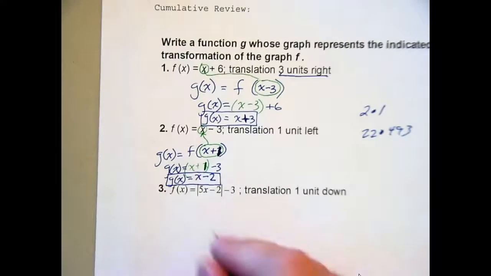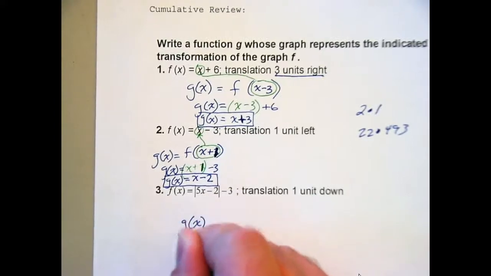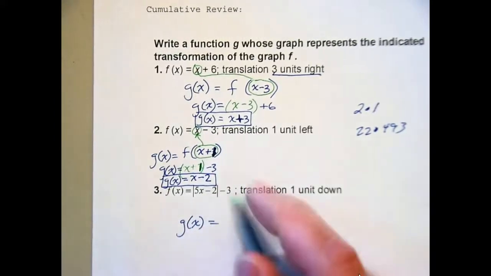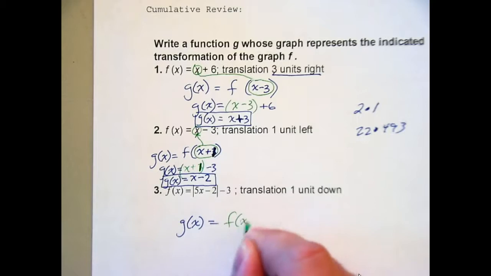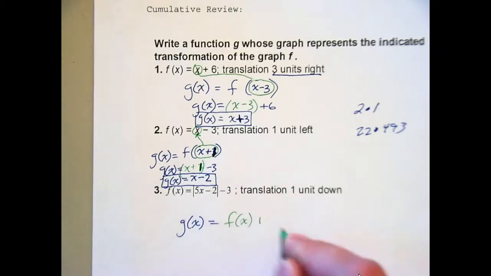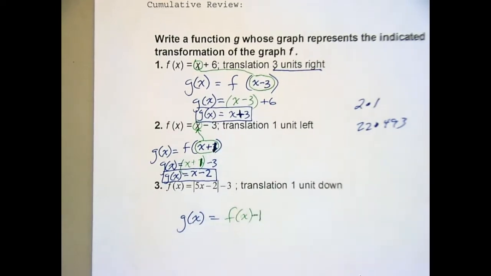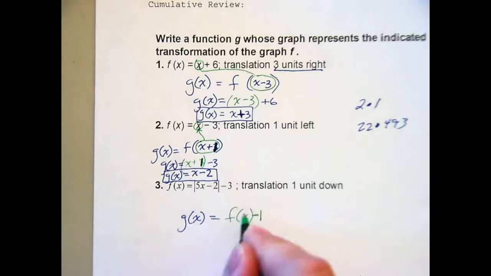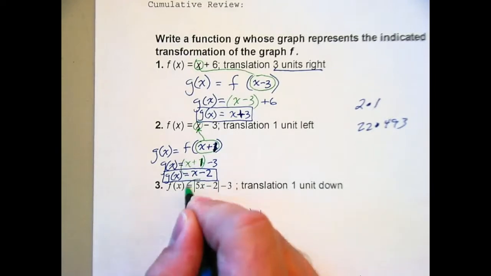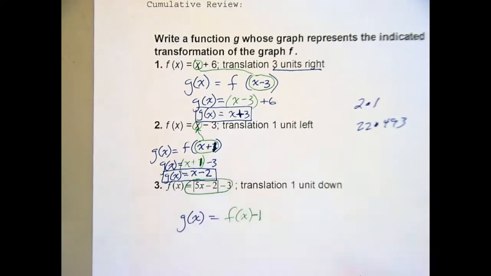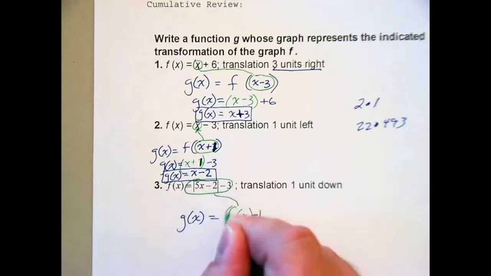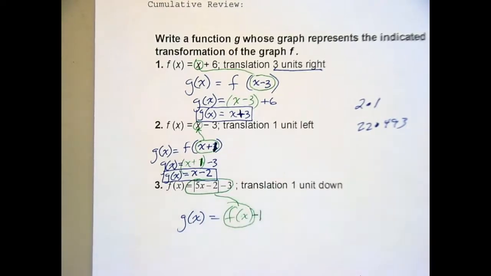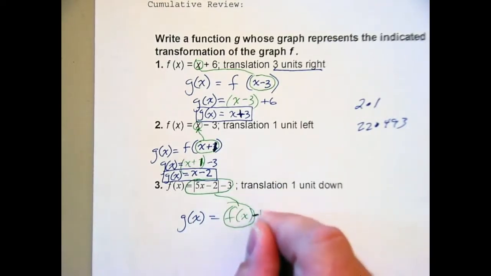Inside or outside? Outside. So we have g of x is equal to f of x, and it happens outside, so we are going plus or minus 1? Minus 1. Okay? And so from that piece, this is my g of x, or excuse me, my f of x is this part right here. That's what f of x equals. So we plug that in for f of x. Let's make that minus 1 on there.